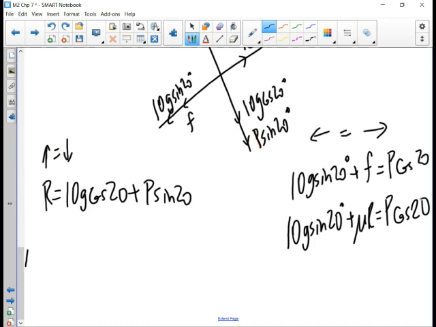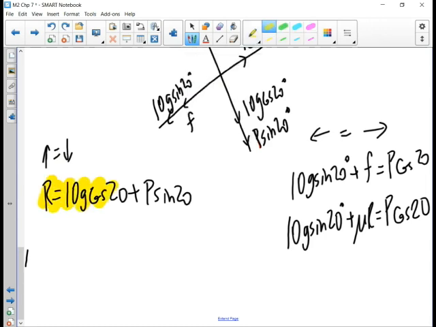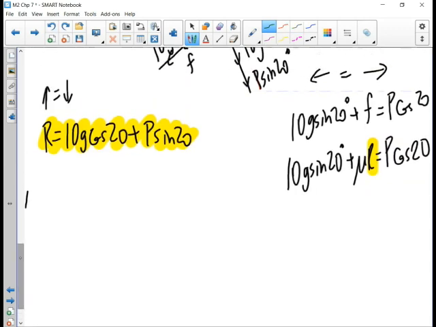Right. Next, reaction could be replaced in here. So color coding again. So this R can replace R in here. So I'm going to rewrite the whole thing. It's going to be quite a long equation, so get used to it. You need a lot of precision on writing the steps. 10g sine 20.